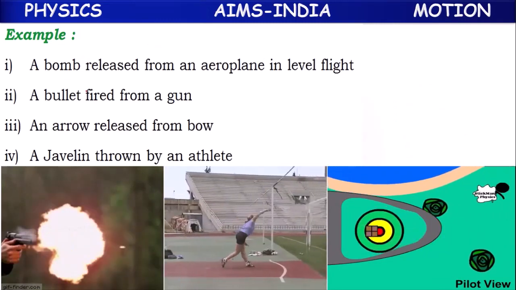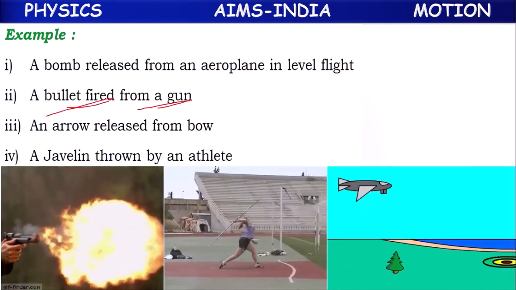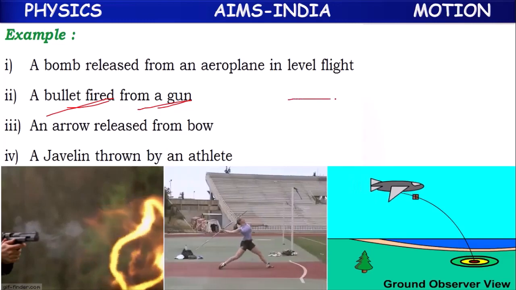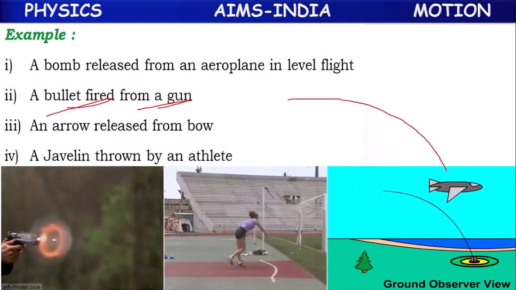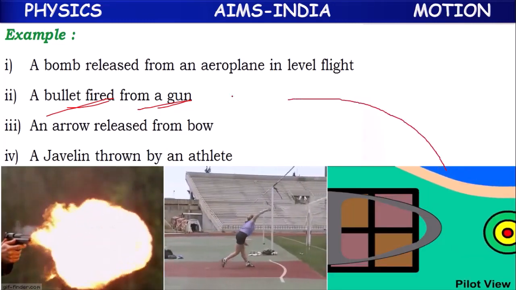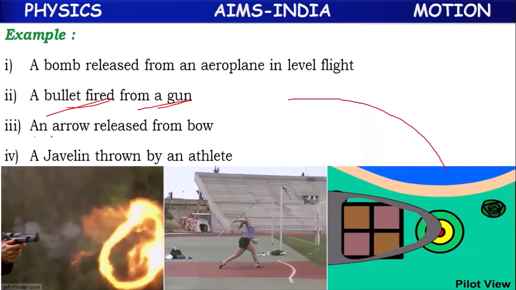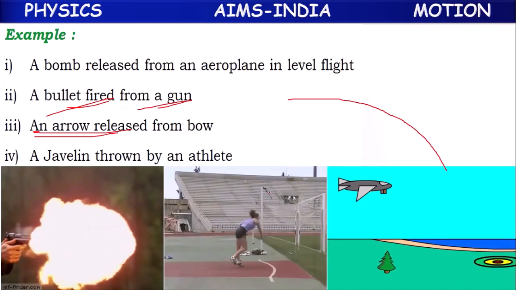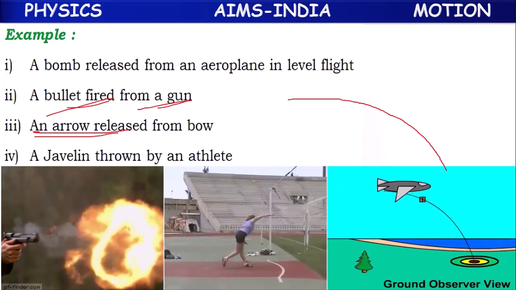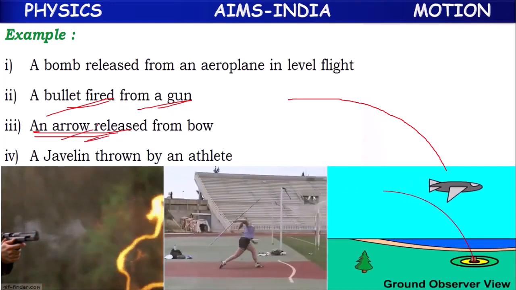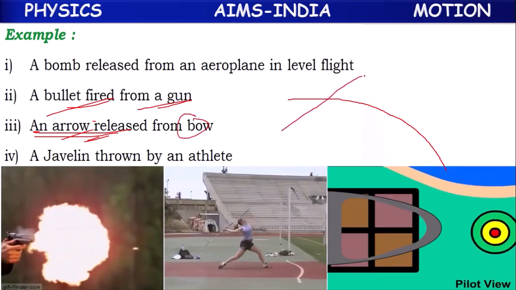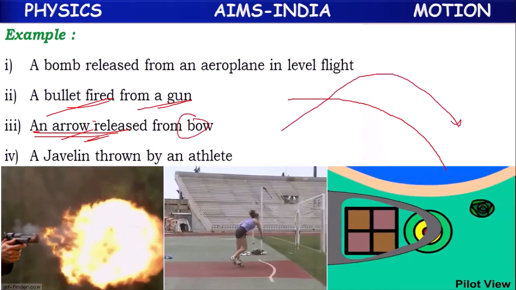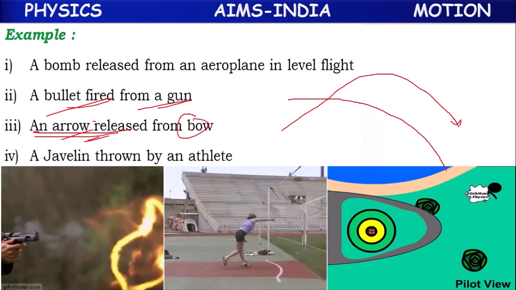A bullet fired from a gun will fall down after some time. It's a projectile. If we release an arrow from a bow, it goes up and then falls down, like a parabola, like a projectile.